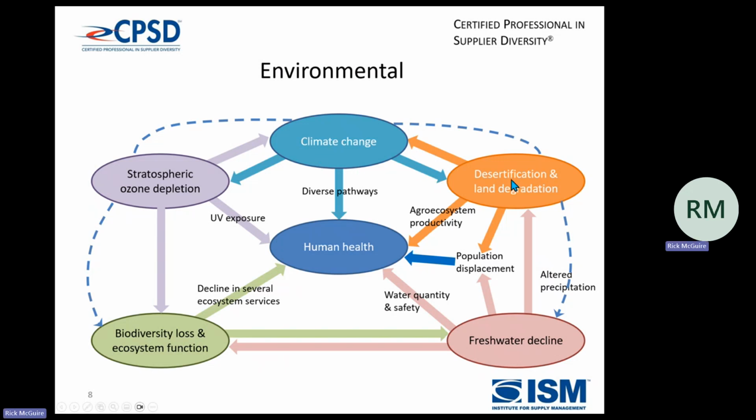Climate change in turn induces desertification and land degradation. Land becomes more arid. Agroecosystem productivity goes down, population displacement because they can't grow anything in sand, and freshwater decline, altered precipitation, less rain. So this is kind of an interesting little map.